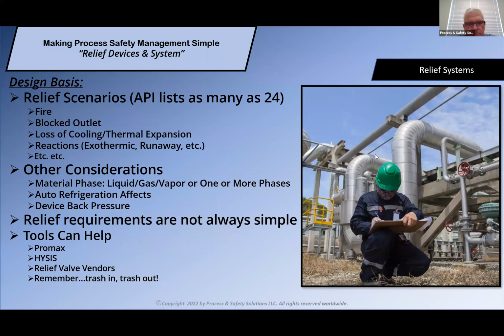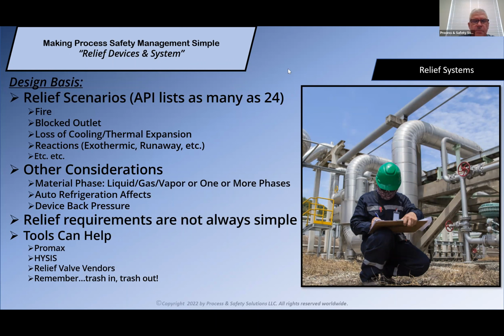So let's talk about design basis. I know that some here may be in the ammonia refrigeration industry or some other industry, and not specifically in an industry that has oil and gas, but the API codes and standards essentially refer to most of that as well.